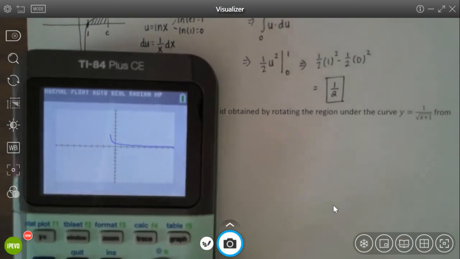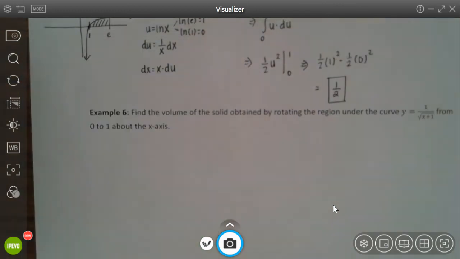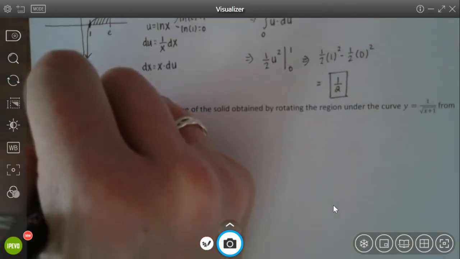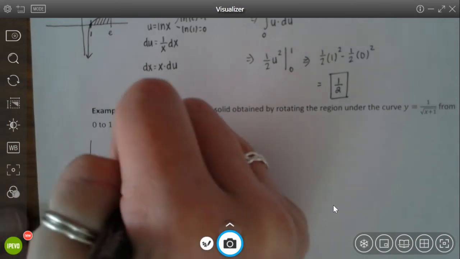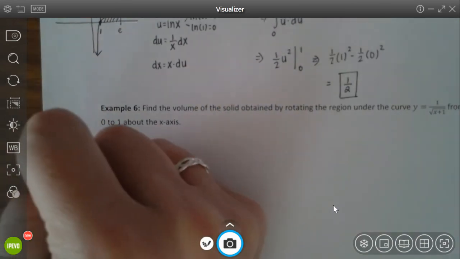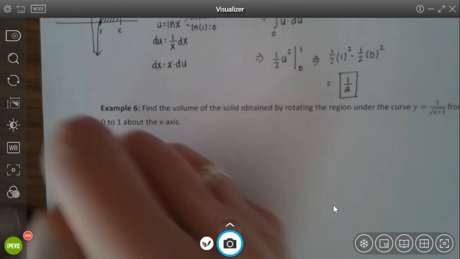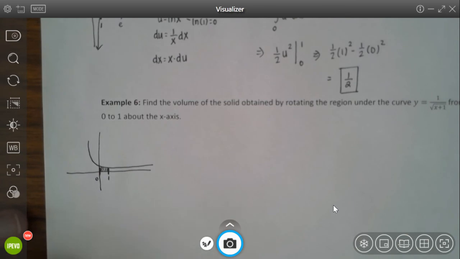So it looks like this, and it looks like we're just going to be rotating the region right about here. So I'll just make a quick sketch of that on my paper. So from 0 to 1, this region and the inside of here.